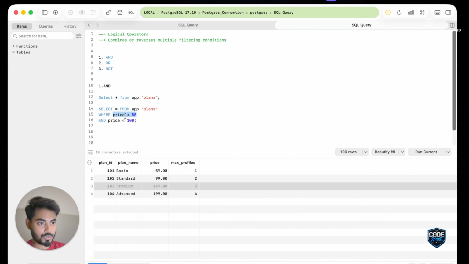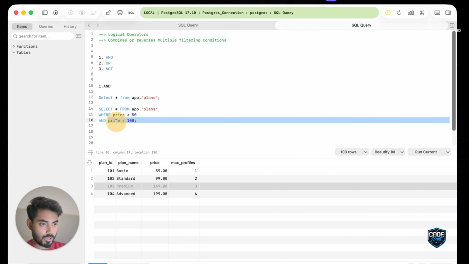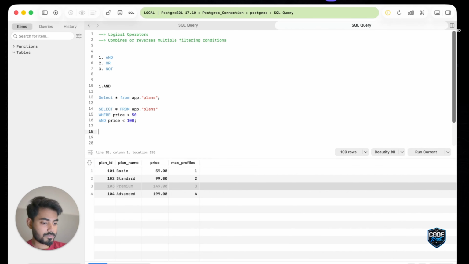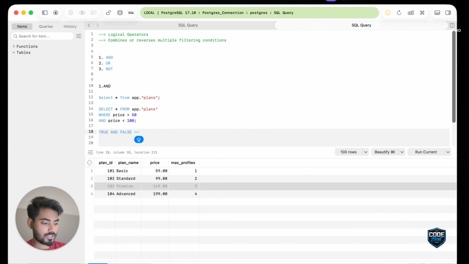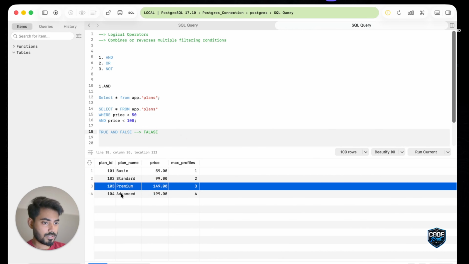But the first condition was true. So true and false will always result in false. So this third row will not come in the output.